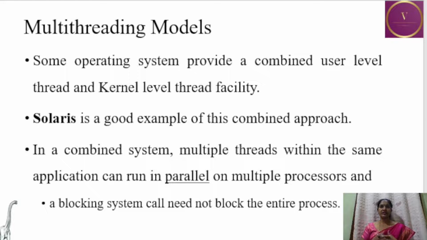In a combined system, multiple threads within the same application can run in parallel on multiple processors, and a blocking system call need not block the entire process. If we saw in user level threads, when one thread is blocked, the entire process will be blocked. That is not the case in this multi-threading model.